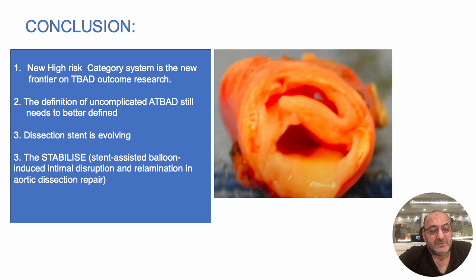Dissection stents are incredibly helpful. There's solid evidence now that it's very helpful for acute dissection. We saw STABLE 1, STABLE 2. Essentially, at 5 years, only 10% of the patients have partial thrombosis in the STABLE 2 trial.